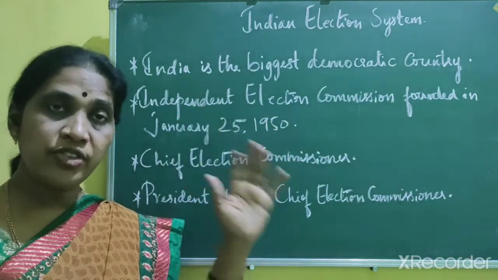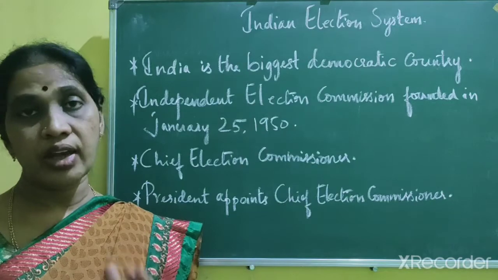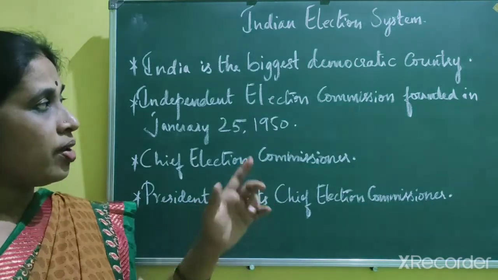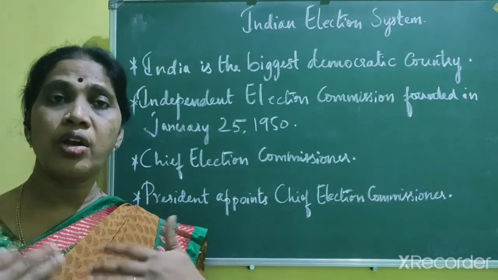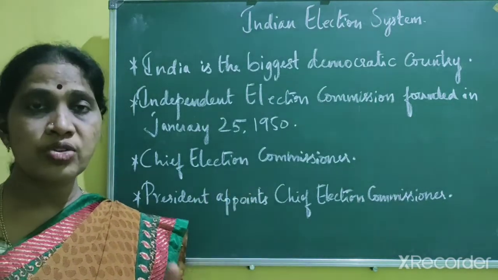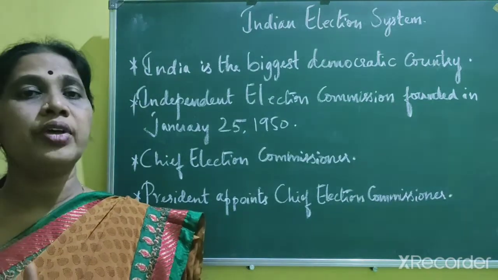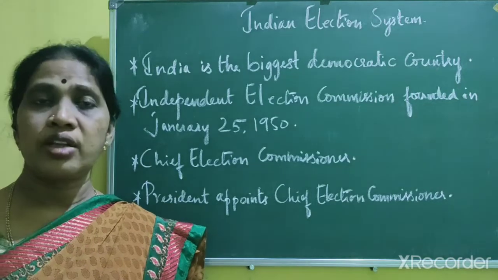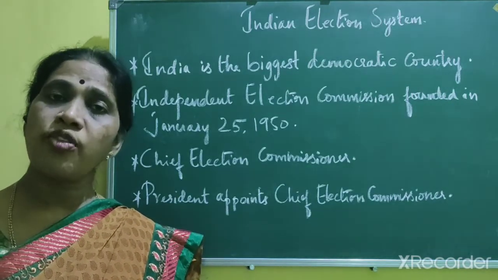So the government officials have to assist the Election Commission when the elections are held. The Election Commission also announces the date and announces the result. This process of conducting the election and declaring the result, this duration, is called the period of model code of conduct.